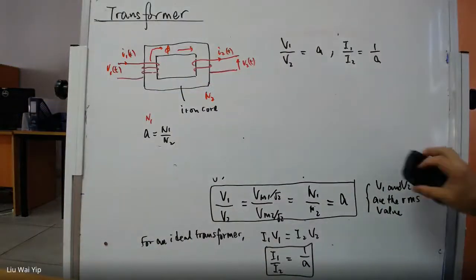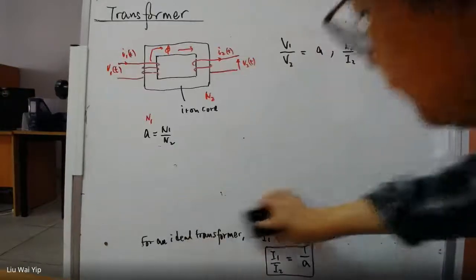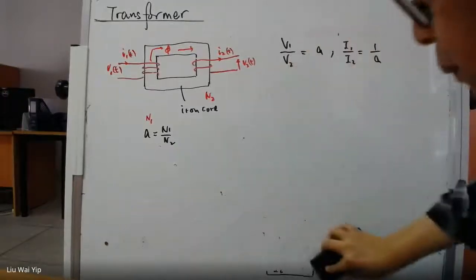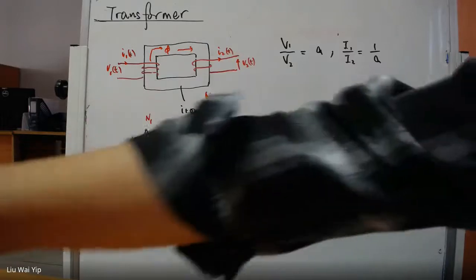And now, so far we are assuming the transformer is ideal. Now you have an ideal transformer.